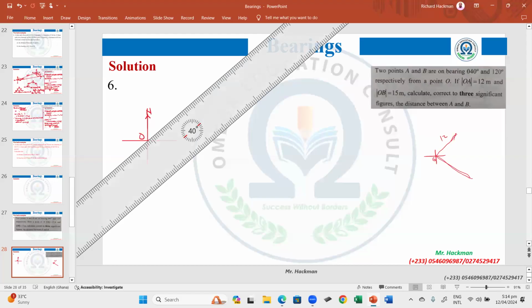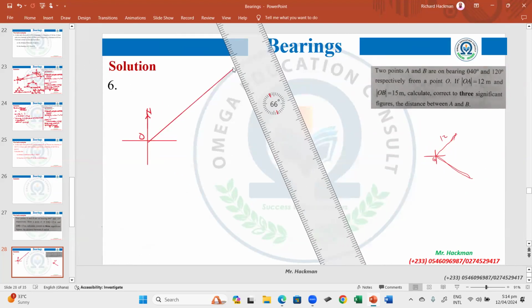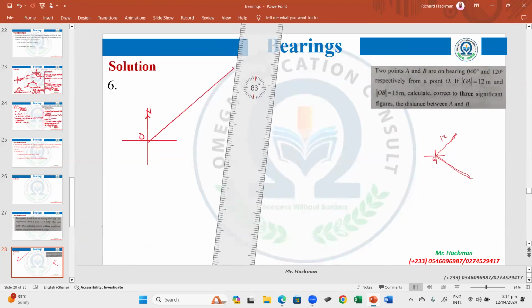Let me, oh, what is happening? Why is it not showing up but down? So that distance is 12. I think I've gone beyond, but it's okay. We can still indicate our cardinal points there.